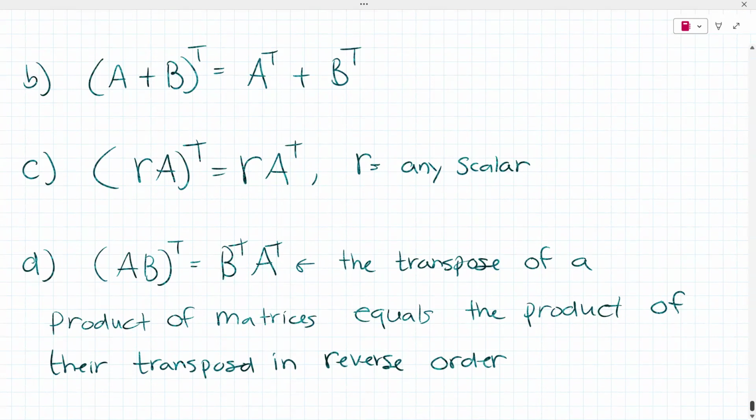The transpose of a product of matrices equals the product of their transposes in reverse order. Let me read that again. The transpose of a product of matrices equals the product of their transposes in reverse order.